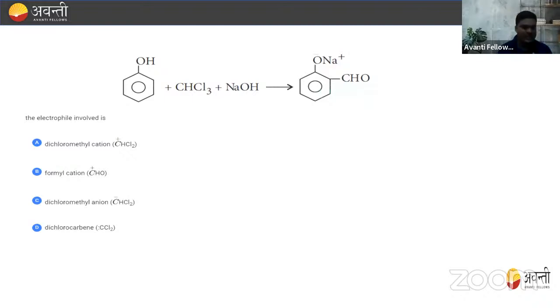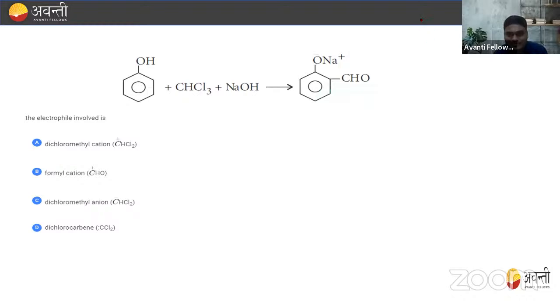In this reaction, what is the electrophile involved? Can anyone name the reaction? Which reaction is this? Only then will you be able to classify the electrophile involved in this reaction. First of all, name the reaction.